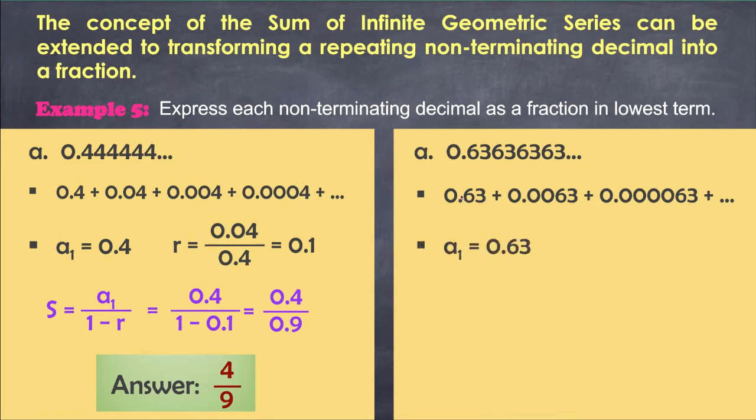Therefore, here our first term is 0.63. Our common ratio will be the second term over the first term. That is equal to 0.01.